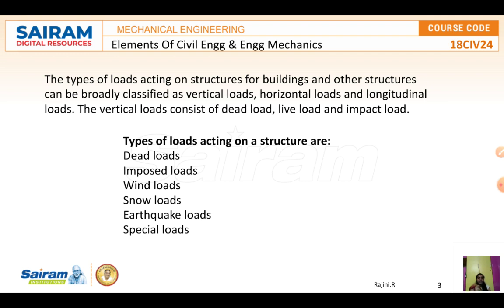Here the vertical loads will play a major role, and the vertical loads consist of dead load, live load, and impact load. So the types of loads acting on a structure are dead loads, imposed loads, wind loads, snow loads, earthquake loads, and special loads.